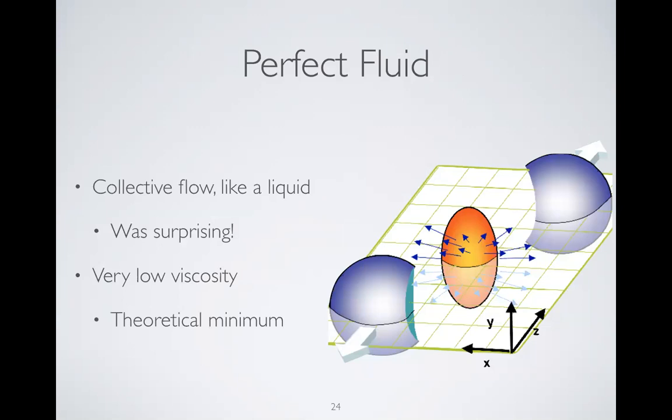If that was a gas, the stuff would just expand in all directions. If you pop a balloon that's not perfectly round, when the air comes out, it just goes equally in all directions.